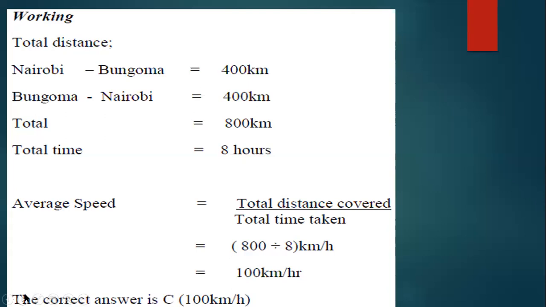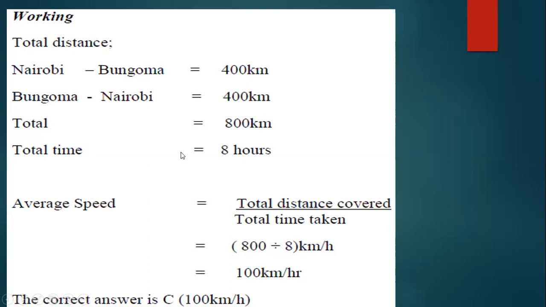The distance is the same. So I've told you, if the distance from home to school is 10 kilometers, then the same distance from school to home is 10 kilometers, so the total distance is 20. That's why we're saying here that the distance from Nairobi to Bungoma is 400 kilometers, and you went to Bungoma and also came back, so you have covered 800 kilometers in total.